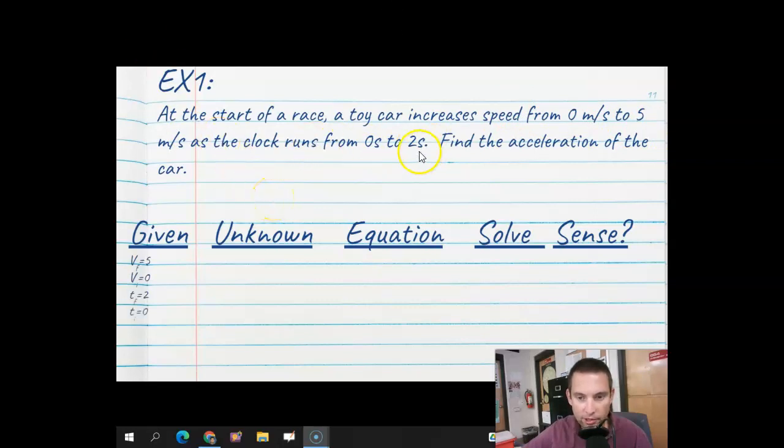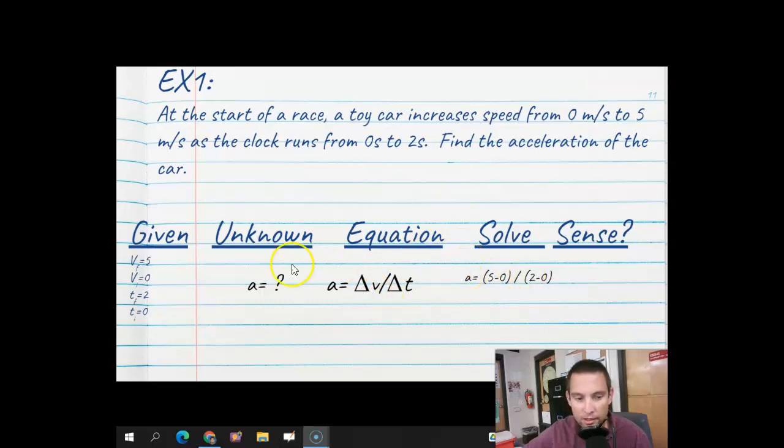We also know the final time is 2 seconds and the starting time is 0 seconds. Well, what is unknown? The question says find the acceleration of the car. Guess what the unknown variable is? A. We don't know what A is. We have an equation, A equals delta V over delta T, and then we're going to solve.